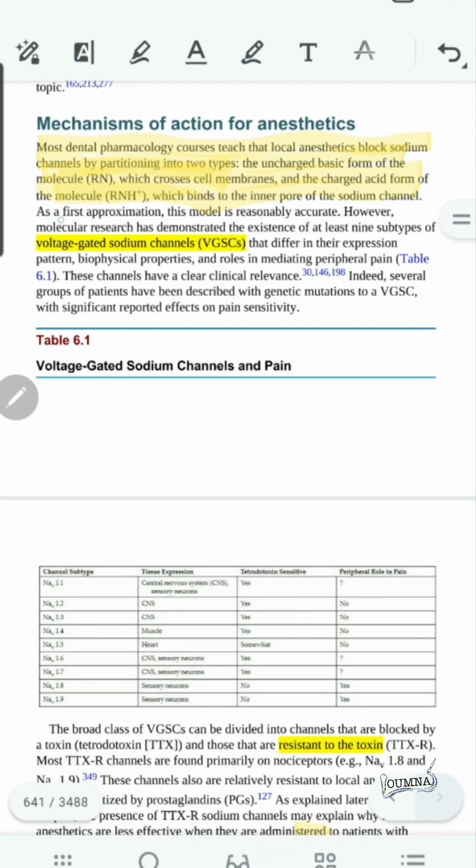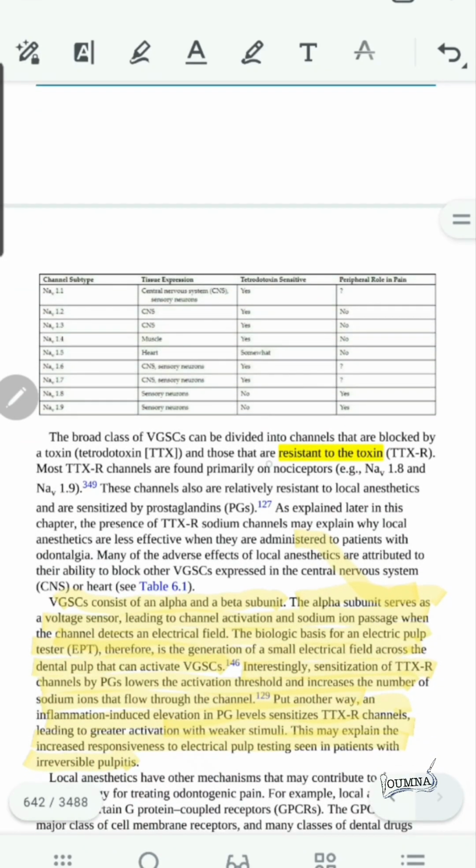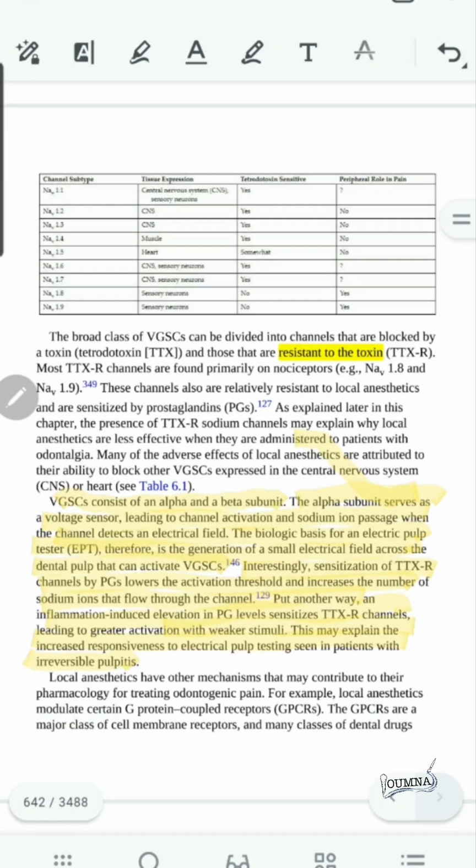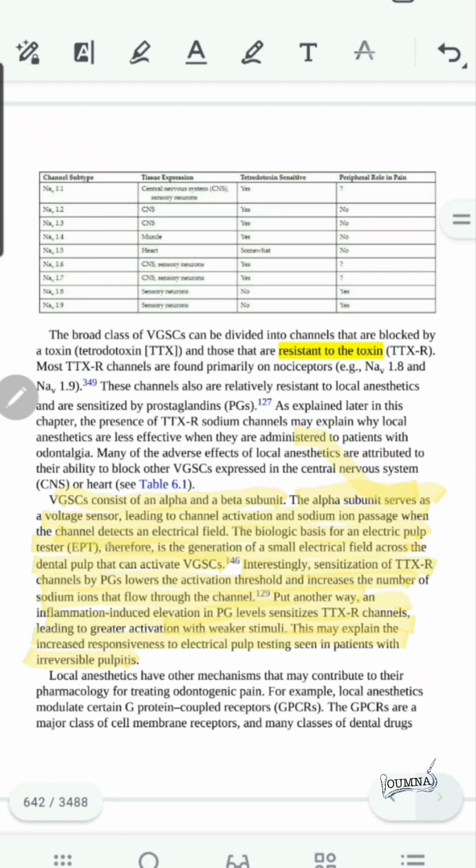These channels are voltage-gated sodium channels, and there are other molecules that are produced from the prostaglandin. The prostaglandin initiates the production of materials like the TTX-R.